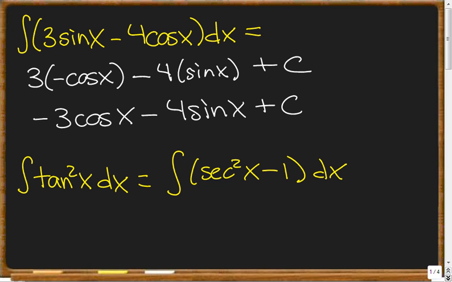Well, we learned earlier that the integral of secant squared of x is tangent of x. Now the integral of negative 1 is negative x, because negative 1 is the same thing as negative x to the 0.